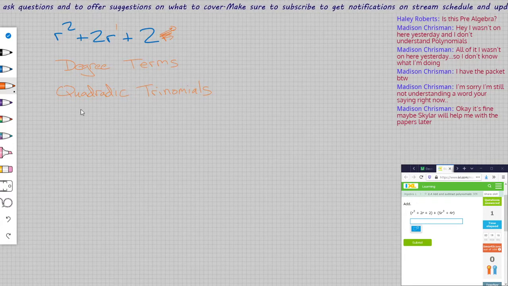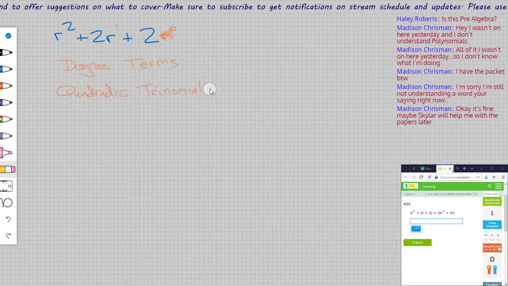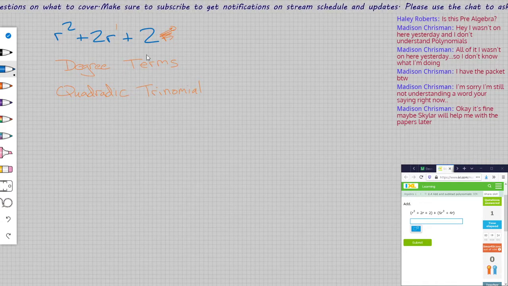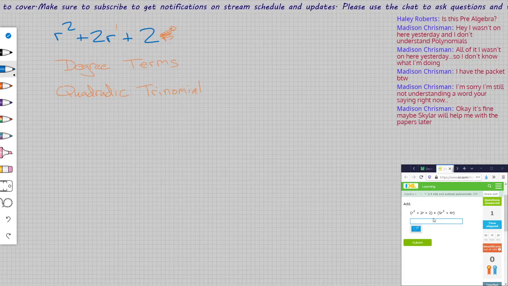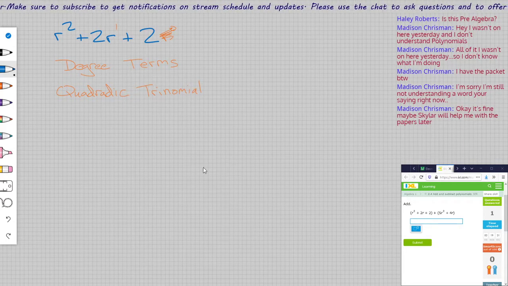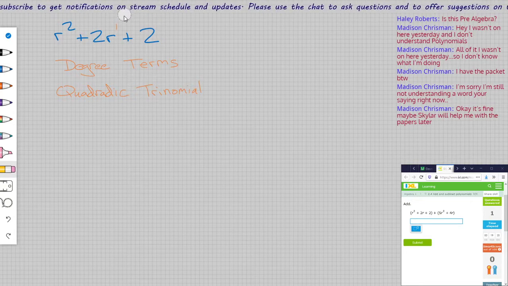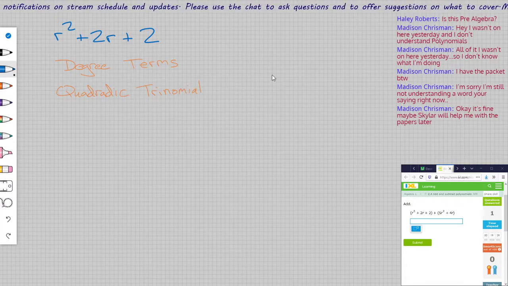So this would be a quadratic trinomial, and not with the S, sorry about that. And then this quadratic trinomial is being added. We're going to see what we would name that. So I'm going to add that.